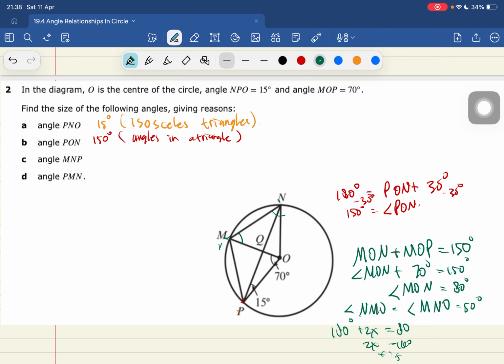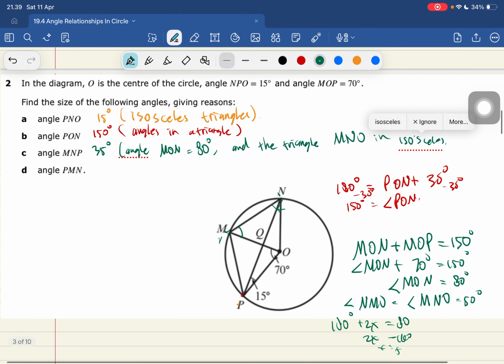Almost there. Then we need to cut from here. This angle, we minus 15, as we got from here, OPN is 15. So the answer is 35 degrees. The angle MON is 80 degrees because triangle MNO is isosceles.